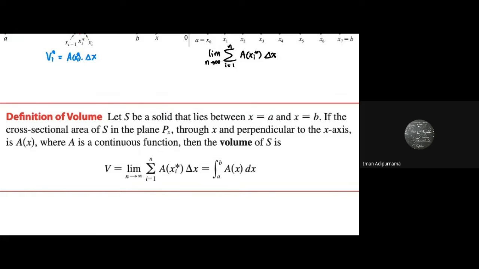The volume will be the limit as n approaches infinity of the sum from 1 to n of A(x sample) delta x, and we can convert this into the integral from a to b of A(x) dx.